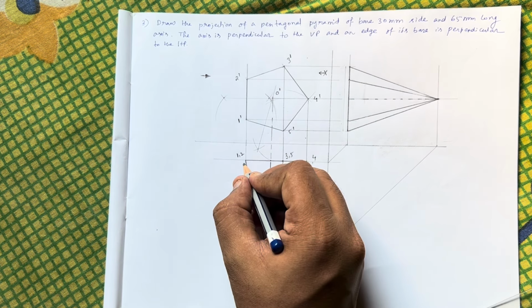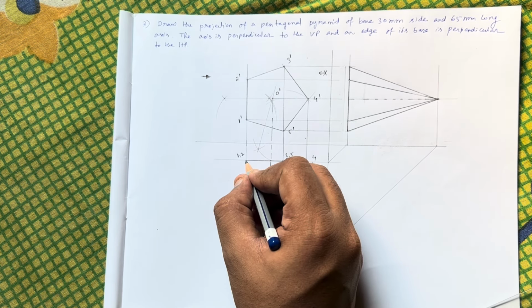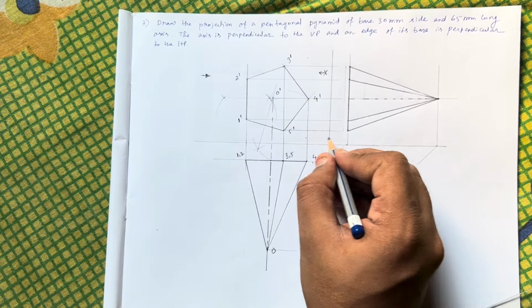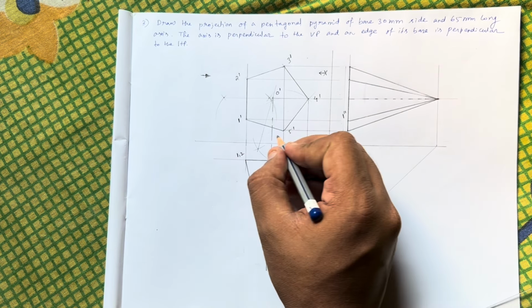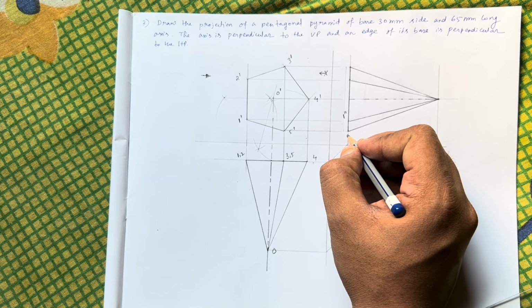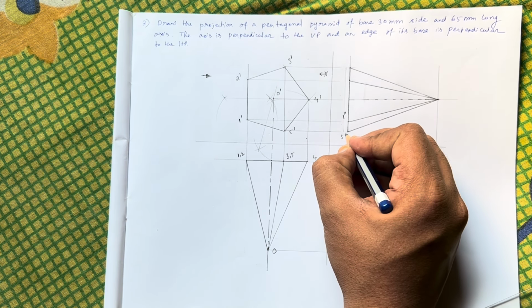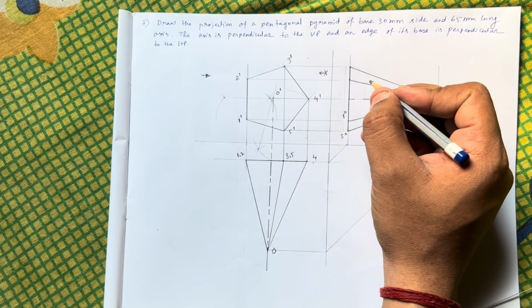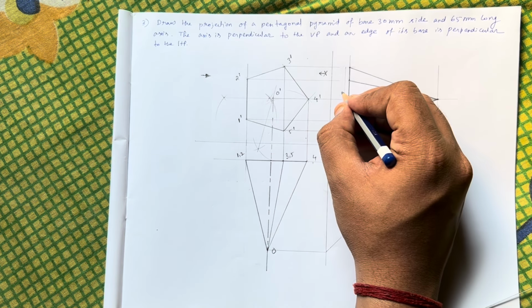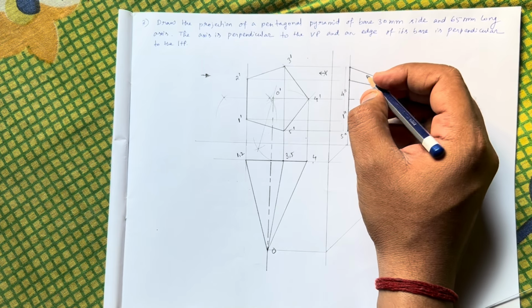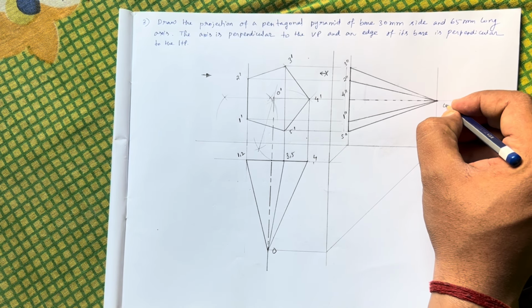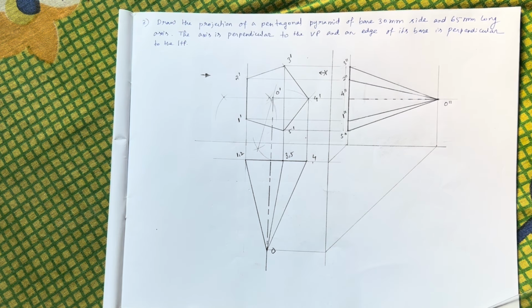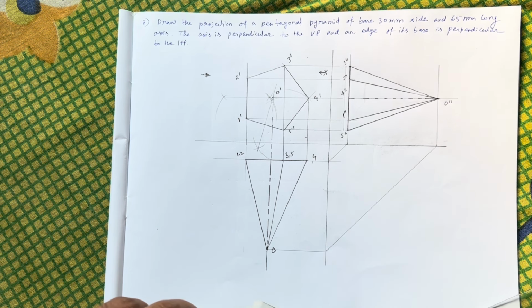Now this one is 1 and this one is 1, so this becomes 1 double dash. This is 5 dash, so this one is 5 double dash, this one is 4 double dash, this one is 2 double dash, this one is 3 double dash, and this one is 4 double dash. Now take the dimension.